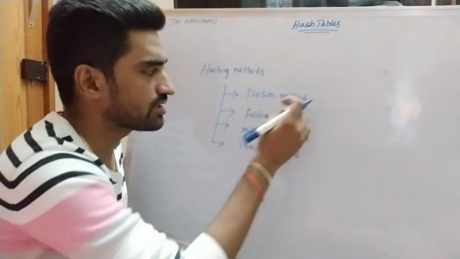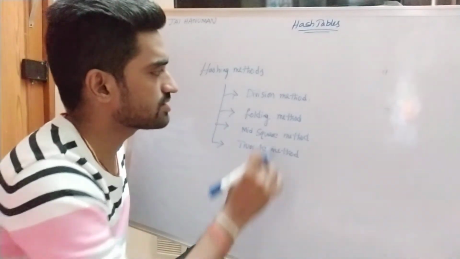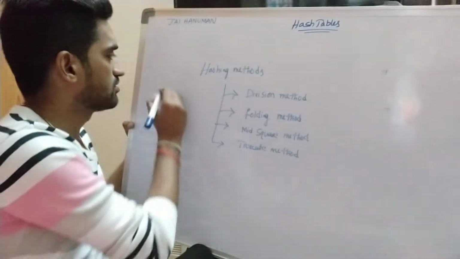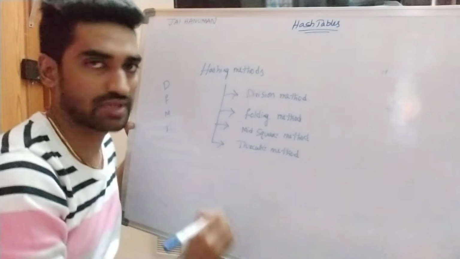So we are discussing them one by one. First of all, we are discussing the division method. So: division method, folding method, mid-square method, truncate method, right?